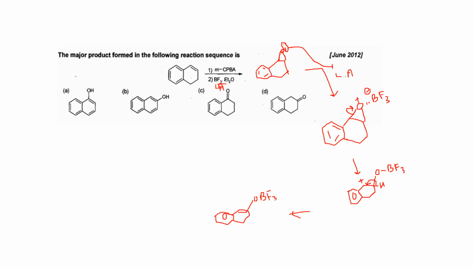Now we know enolic double bonds are highly prone to resonance, so this will come here. This goes here. So what will be our product? So option D. Understood?